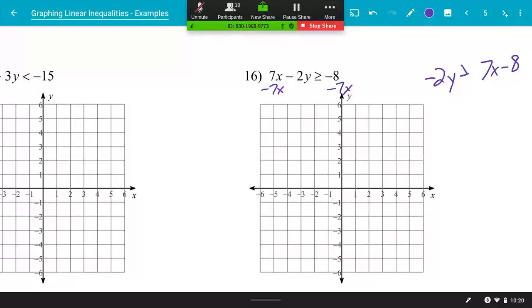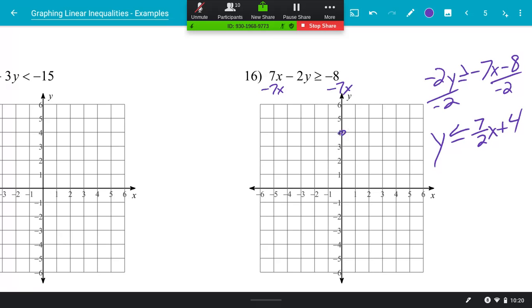That sign is greater than or equal to. Okay. Now what? Divide by -2. Divide by -2. You hear it? Do you hear it? There it is. There's that siren going off in your head. You divided by a negative. Got to flip that sign. So 7/2 x plus 4.